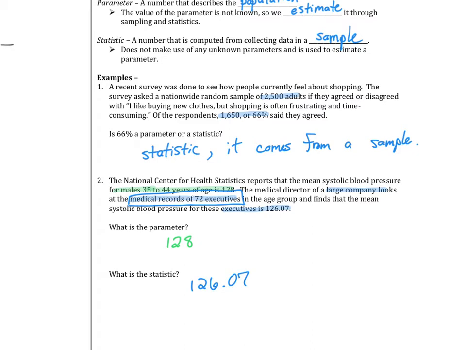Is our blood pressure better or worse? So they found out that their executives, those 72 people, the average systolic blood pressure was 126.07. Okay, so statistics come from a smaller sample. Parameters describe the entire population. Okay, so there's going to be a difference. Like right here, the difference is small, but the numbers are different.